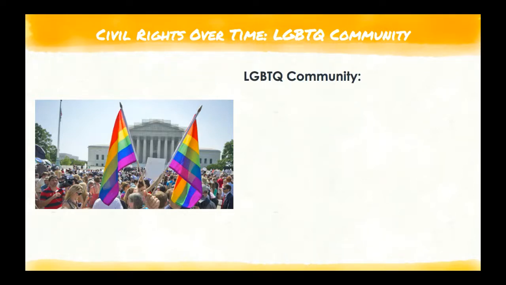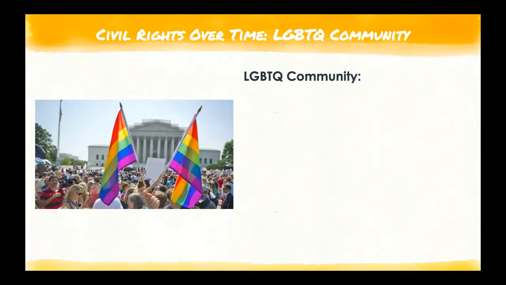Something very significant that had always been fought since that time was that this act barred federal recognition of same-sex marriages for purposes in terms of Social Security, federal income tax filings, employee benefits.